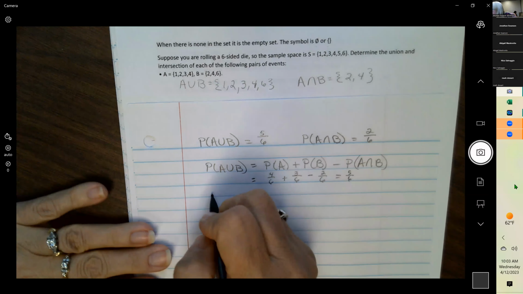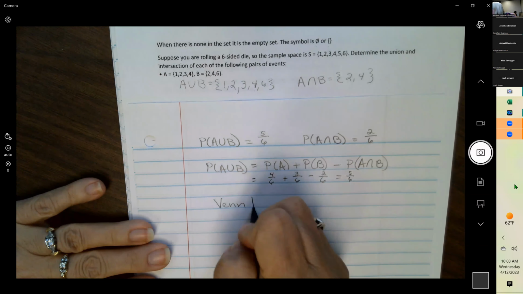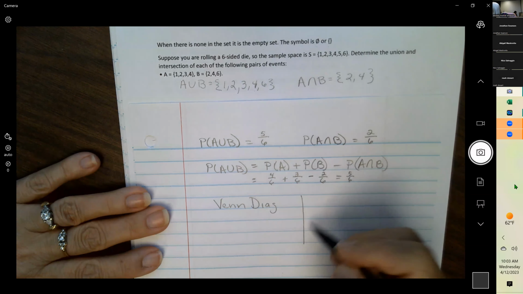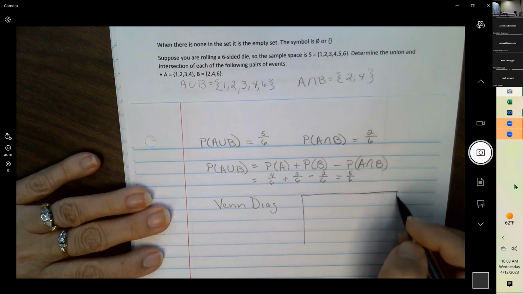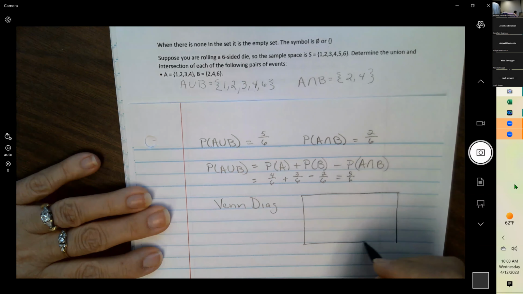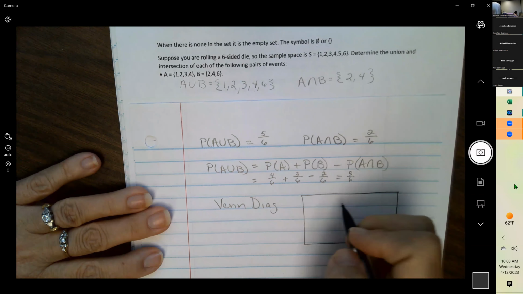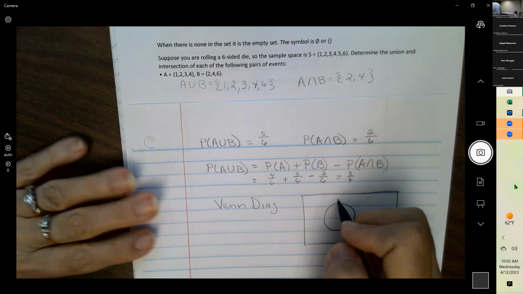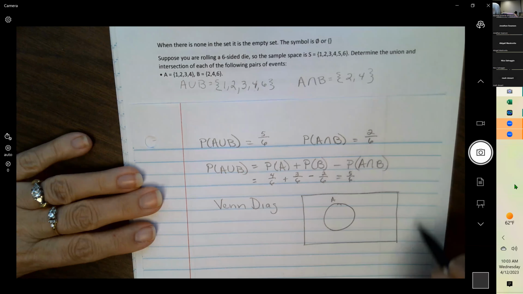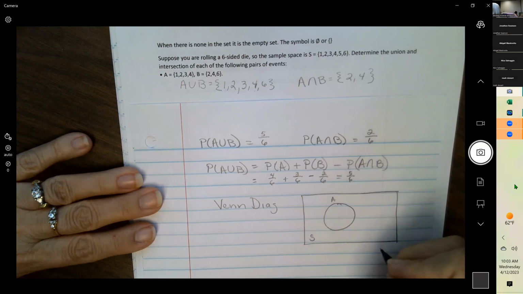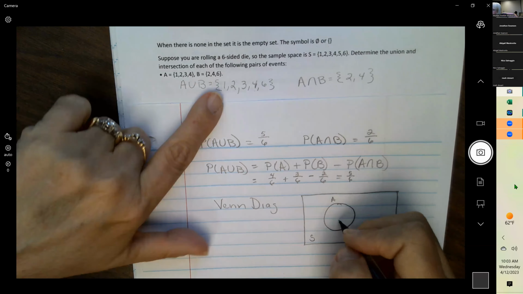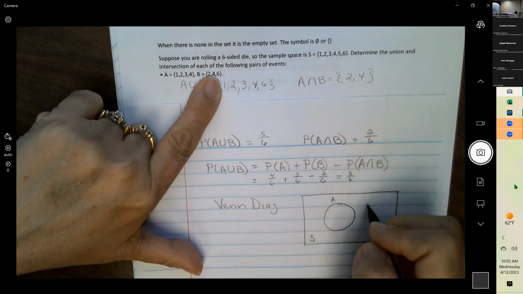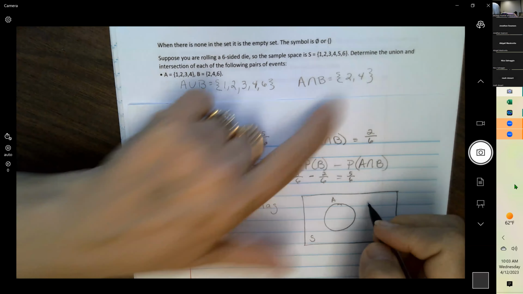A Venn diagram is used a lot in these cases. So the whole outside is the whole sample space. A will have 1, 2, 3, and 4 in it. B will have 2, 4, and 6. So we know they overlap.